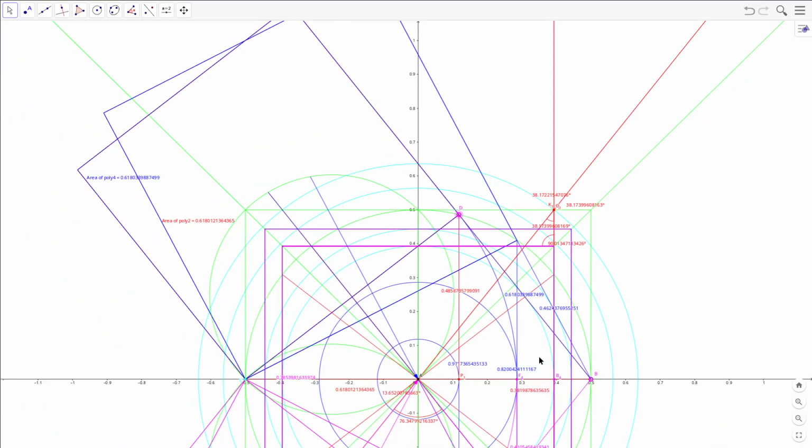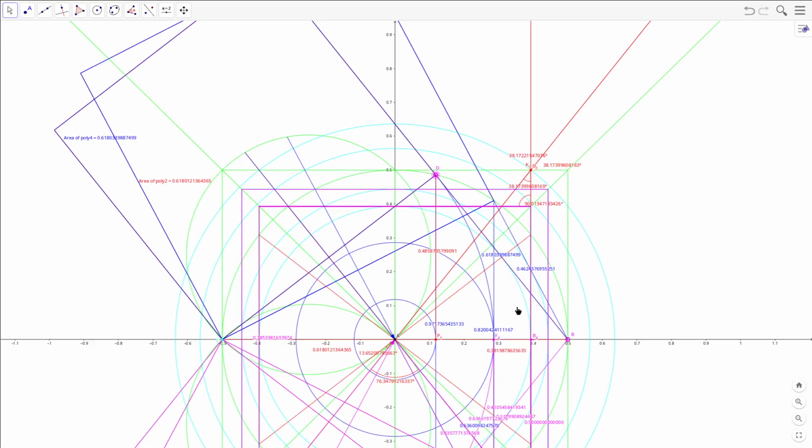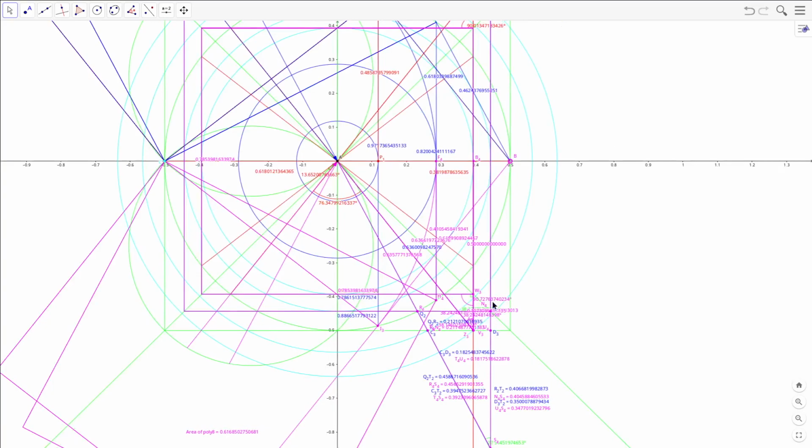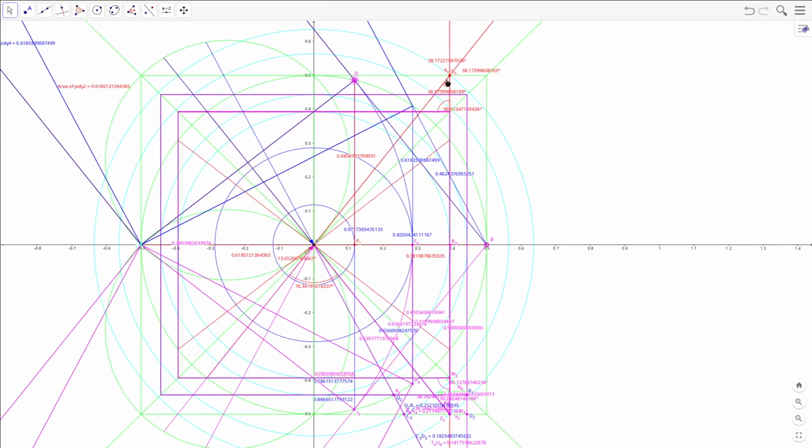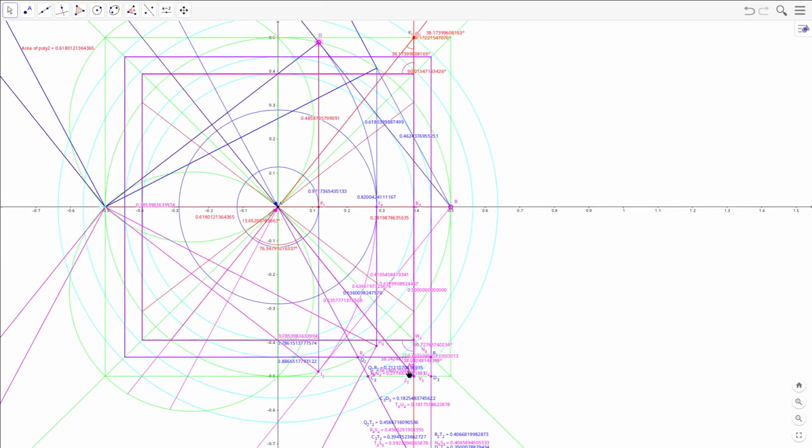So a generalized statement is that if all these 3 points disappear as one, that's when you've really squared the circle. Alright? So these angles here, they're much better than the angles over here. This is 38.24.